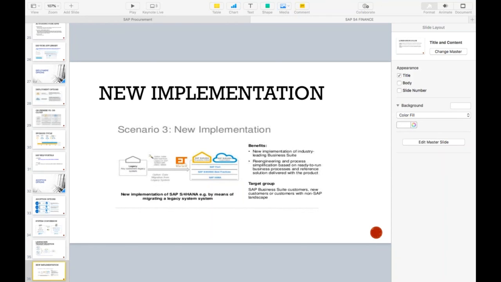Yes, definitely. I'll share one example on this also. But before I share that example, let me tell you one more thing. That is the reason you need to decide between new implementation or system conversion. If a customer is already using SAP and now wants to upgrade to S4 HANA, there are two options. They can go for new implementation from scratch, or they can go for system conversion.